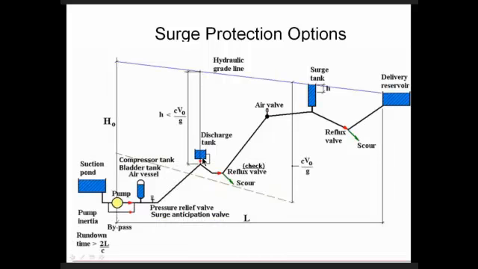Here is what we call a discharge tank or a feed tank, where the tank is equipped with a check valve. So if the pressure starts dropping in here, and say this is set at 10 feet, when it drops to 10 feet, water will come in and stop the pressure from dropping even lower.